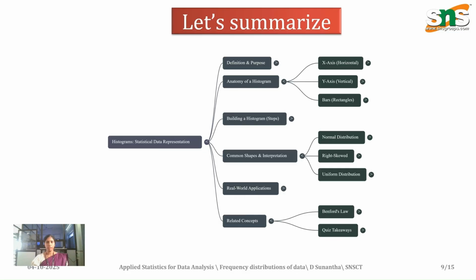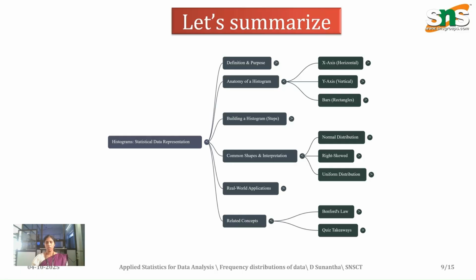Next is a small summary of what we have seen in the video. A histogram is one of the statistical data representation methods which falls under graphical representation. First, we have seen the definition and the purpose of the histogram, which is used to visualize the data. Next, the anatomy: what we plot in the x-axis, what we plot in the y-axis, and that histograms use bars.